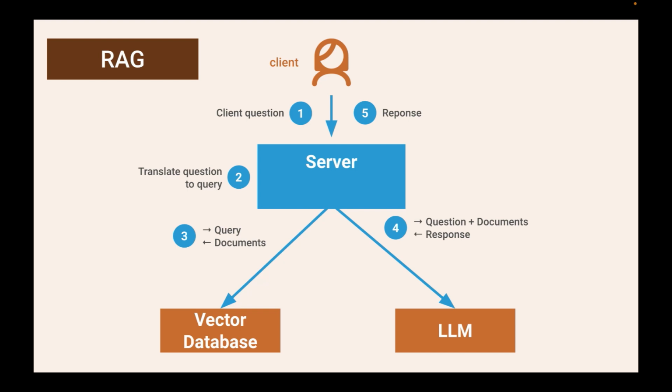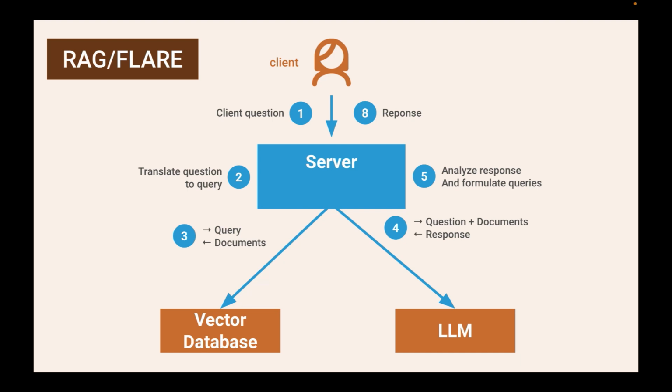But with standard RAG, you don't actually know whether those documents are the documents the LLM actually needs in order to answer the question. And so RAG is often extended to a pattern called FLARE, which extends the standard RAG retrieval with an additional step: after the response given by the LLM, on the server side, you analyze the result token probabilities to find areas where the LLM was uncertain about its response.